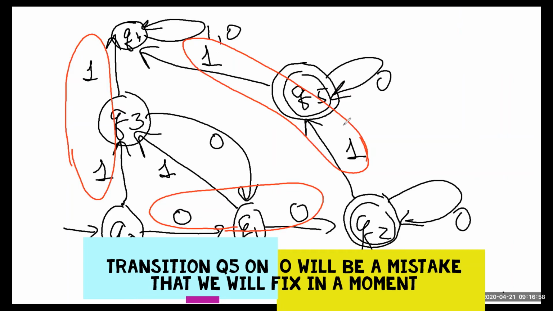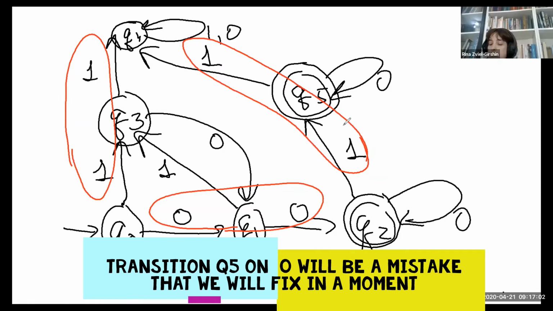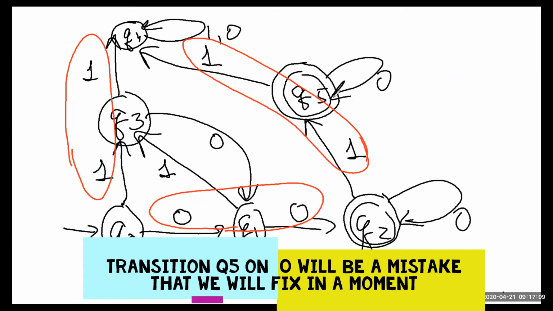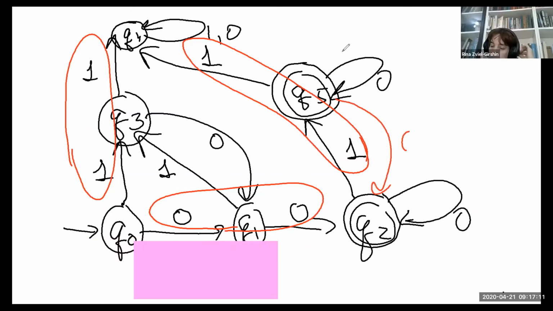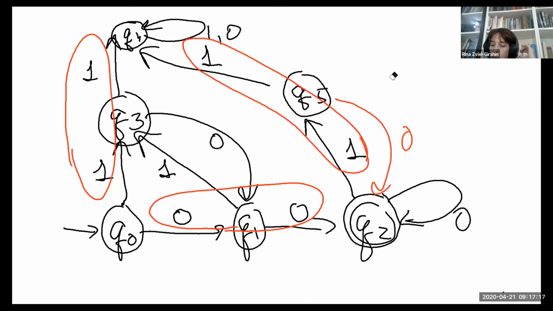Wait, I have a question. Q5, when you get 0, it shouldn't return to Q2? Yes, right. Sorry, we move with 0 here because we have to watch 1 once again.